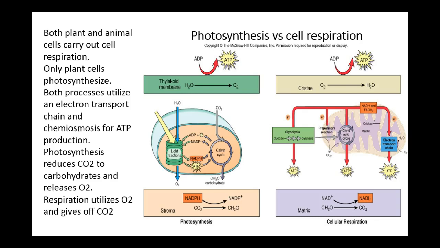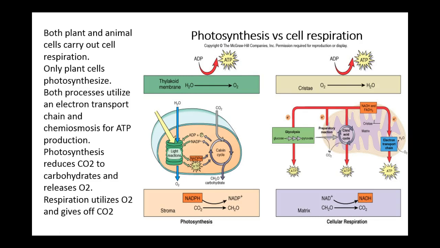That electron carrier then can go into the Calvin cycle, and throughout the Calvin cycle, carbon can be fixed, and a carbohydrate can be made as well as ATP.